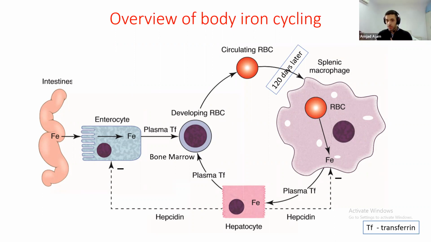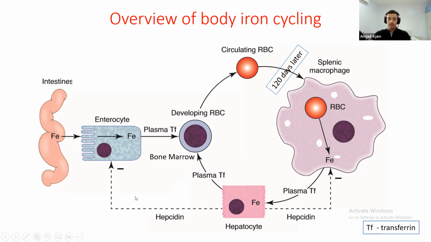If we don't need iron, it will be stored in the macrophage. If this iron is needed, it will be released from the macrophage bound to transferrin. Then it will go to the hepatocyte if stored there, or if needed in the bone marrow, it will be released also through transferrin, and then go to the bone marrow because we require iron for erythropoiesis.